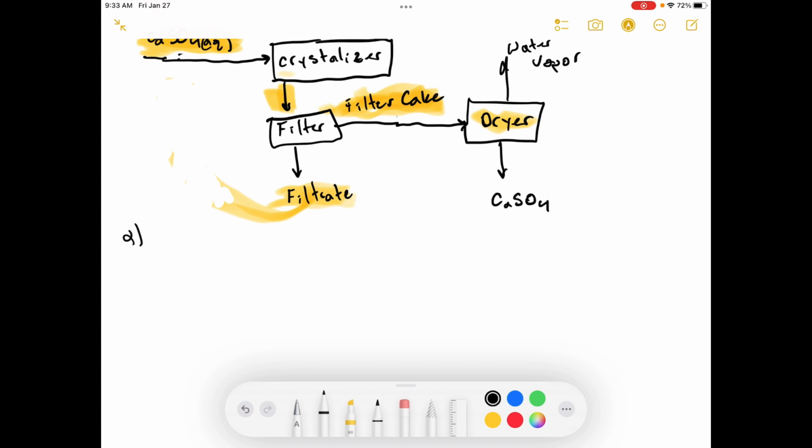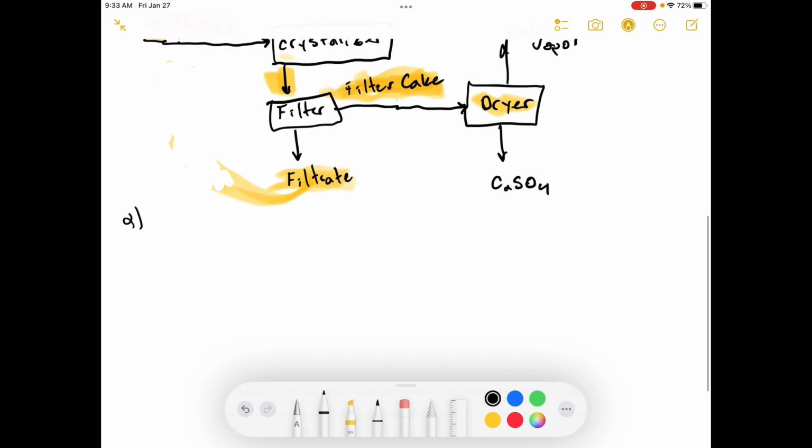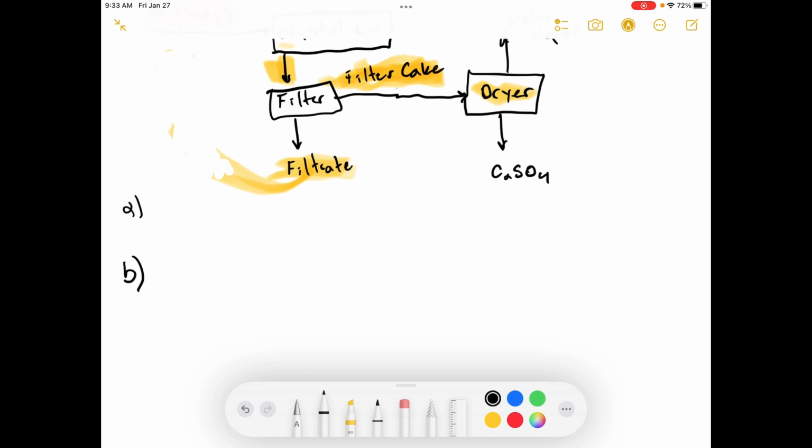Okay, now part B. Take a basis of 1 liter of solution leaving the crystallizer. Calculate the mass and volume of solid gypsum, the mass of calcium sulfate in the gypsum, and the mass of calcium sulfate in the liquid solution.